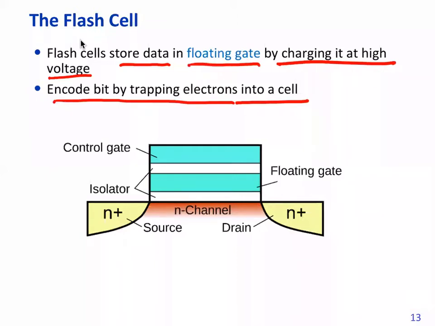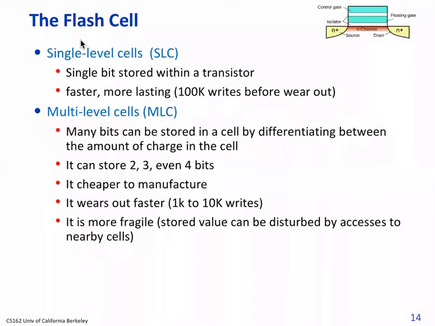Okay, so normally we have two levels, right? Either charge is there or not there. So the electronics that you use usually has a very simple encoding. However, later versions of flash that came out have multi-level cells, where many bits can be stored in a cell by differentiating between the amount of charge in the cell.